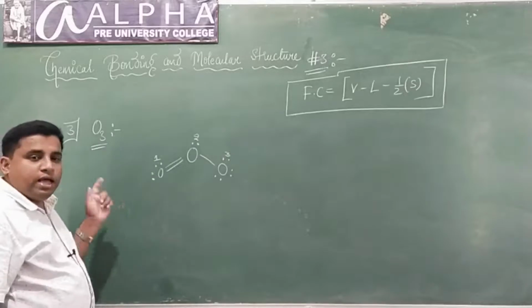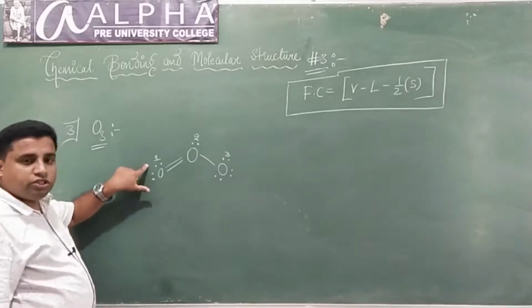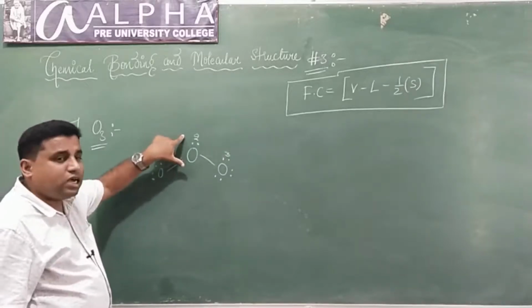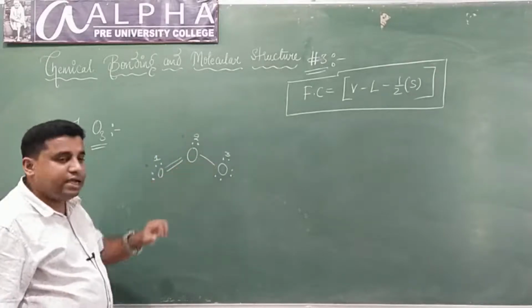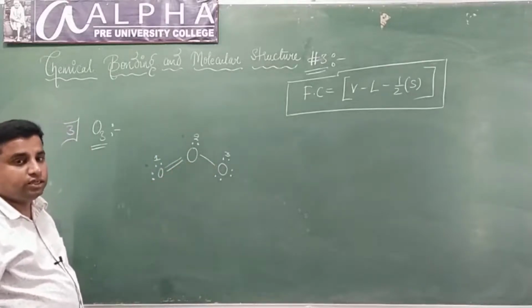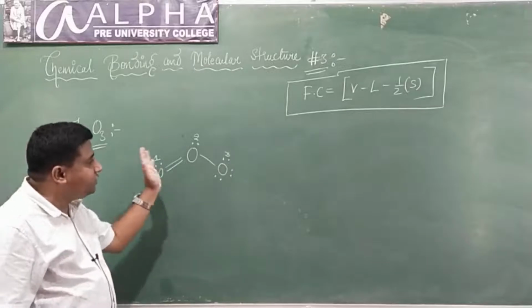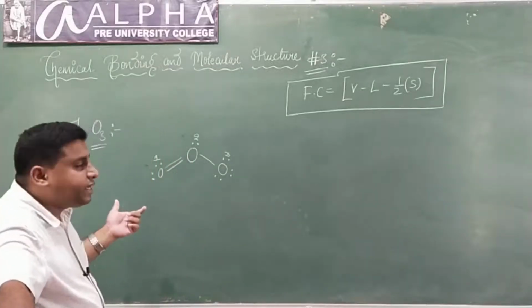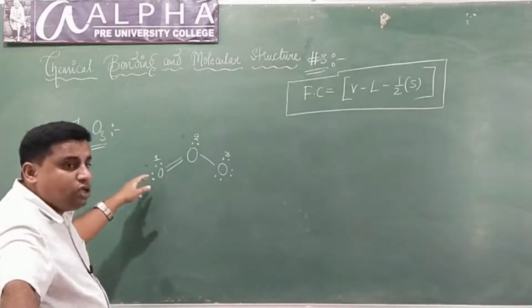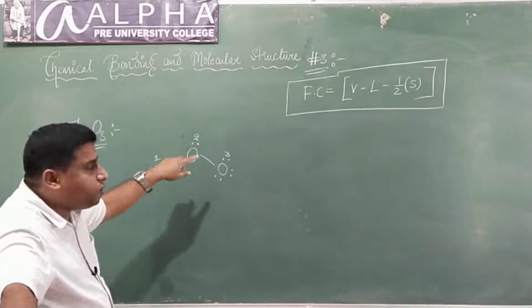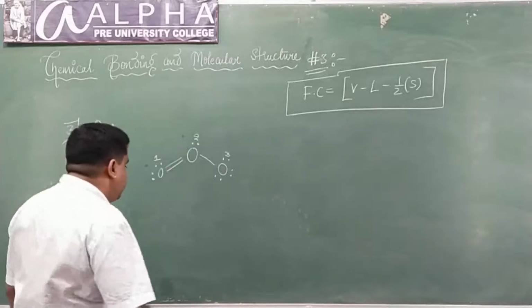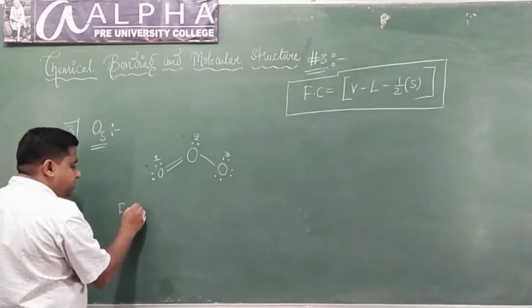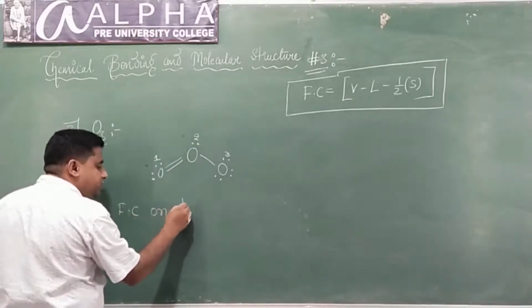They'll ask you to calculate the formal charge on the first oxygen, on the second oxygen and on the third oxygen. Because all 3 oxygen atoms are different here, you should calculate the formal charge on each oxygen separately.